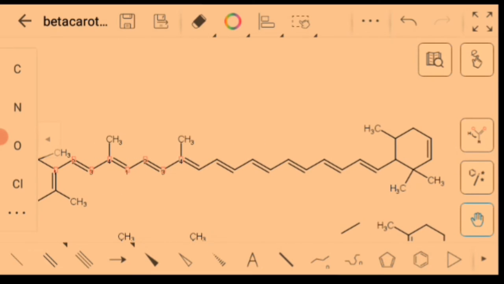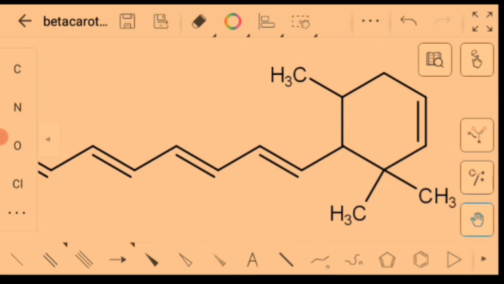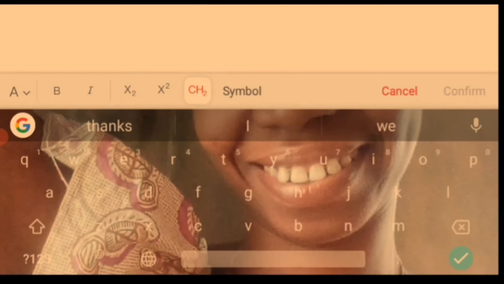Then after that, I go to the next beta ion ring, then I begin to count my 1 to 4 backwards.